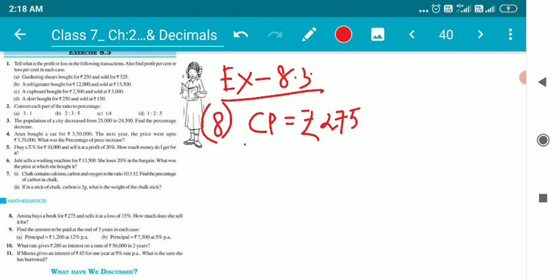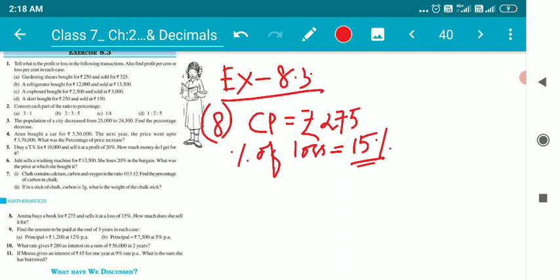So the percentage of loss is equal to 15%. How much does she sell it for? Now the question is, what is the selling price of this book, as she made a loss of 15% on the sale?